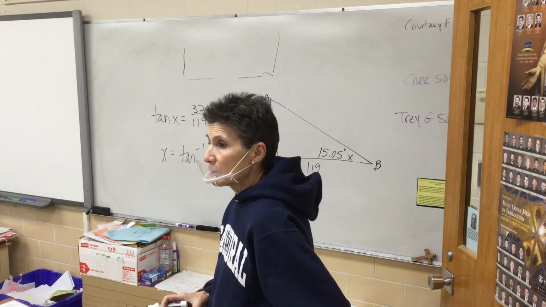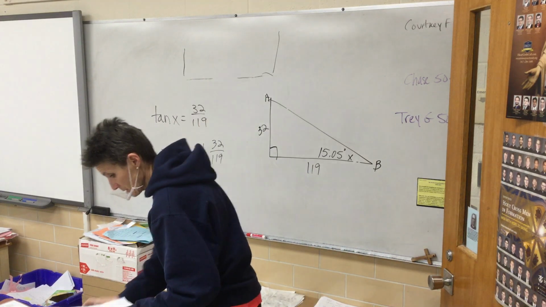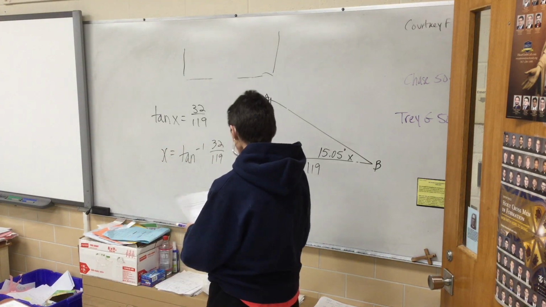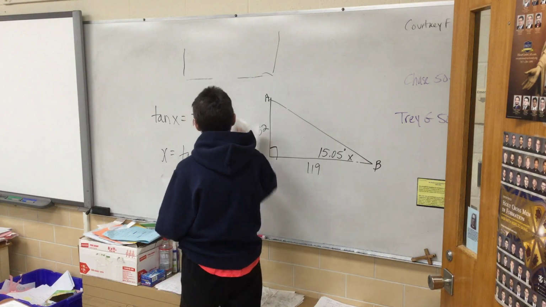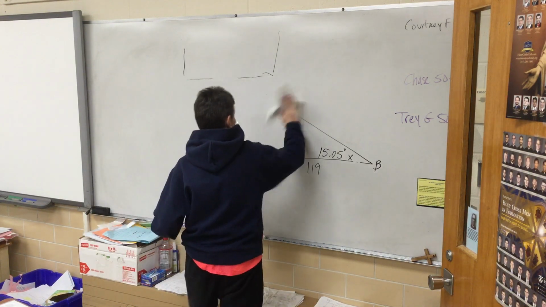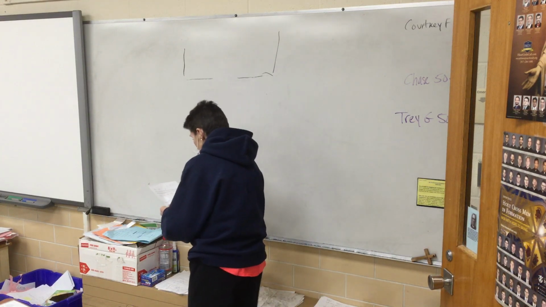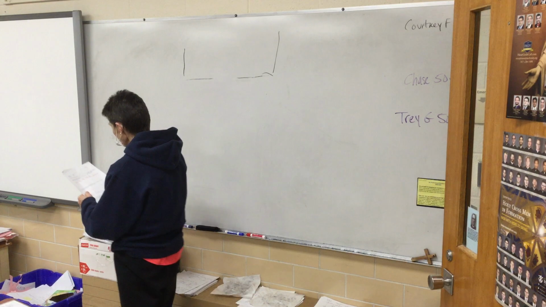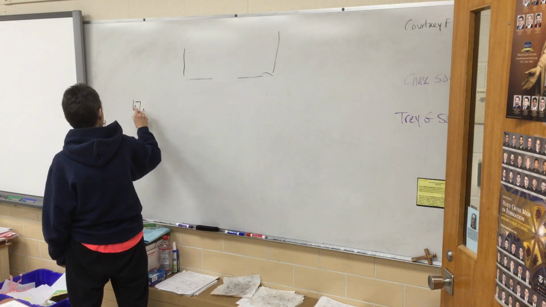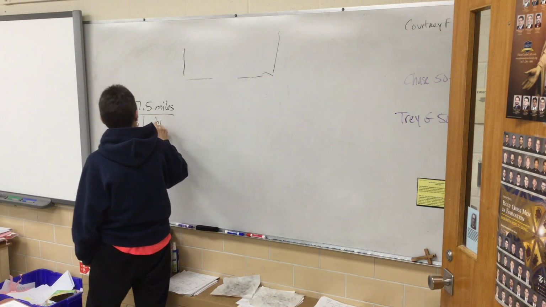Okay? Number 1. A car with 14-inch wheels is traveling at a speed of 67.5 miles per hour.